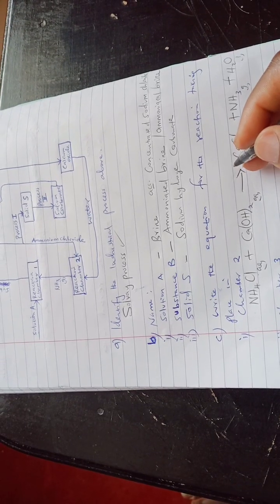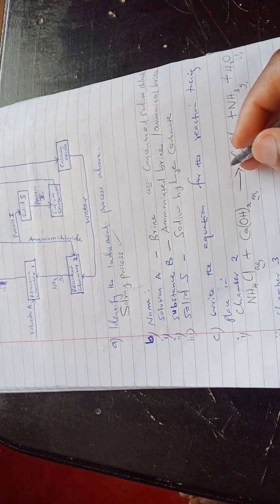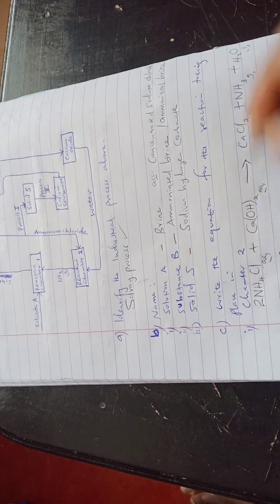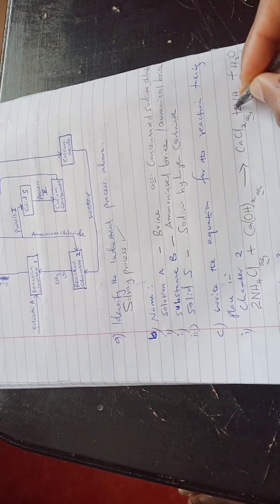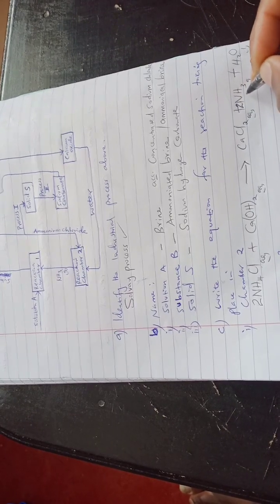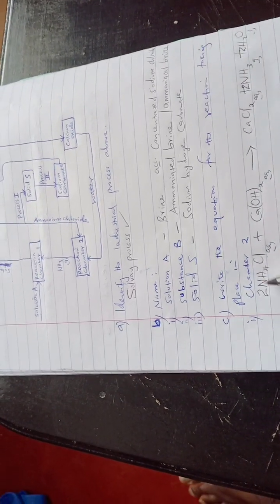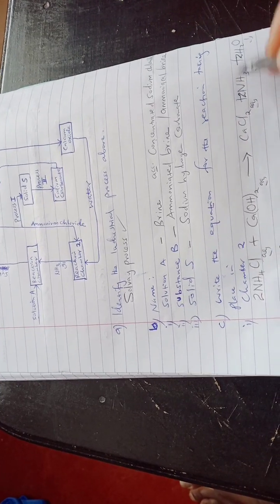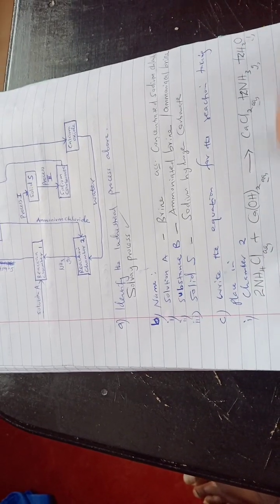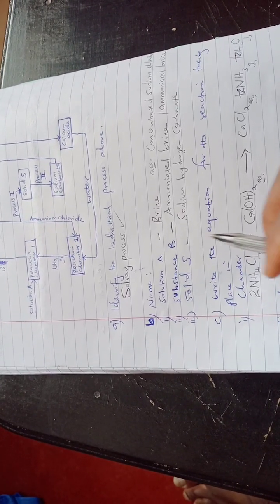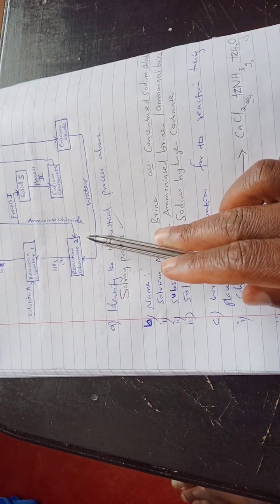And then you balance the equation. You balance the equation by putting a 2 where you have ammonium chloride and a 2 where you have ammonia, and a 2 where you have water, so that now the equation becomes what? Balanced. So this is the correct chemical equation for the reaction taking place in chamber 2.